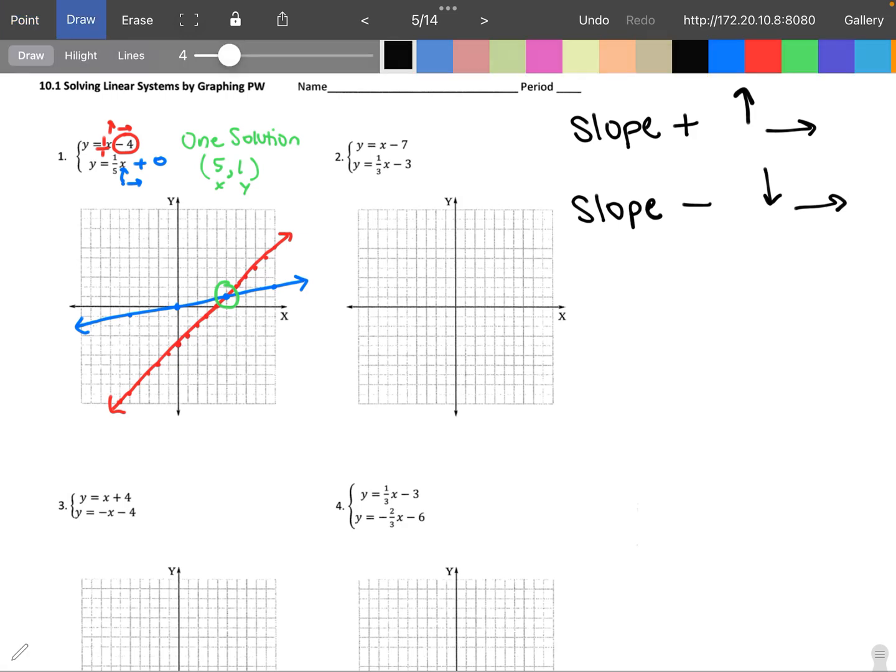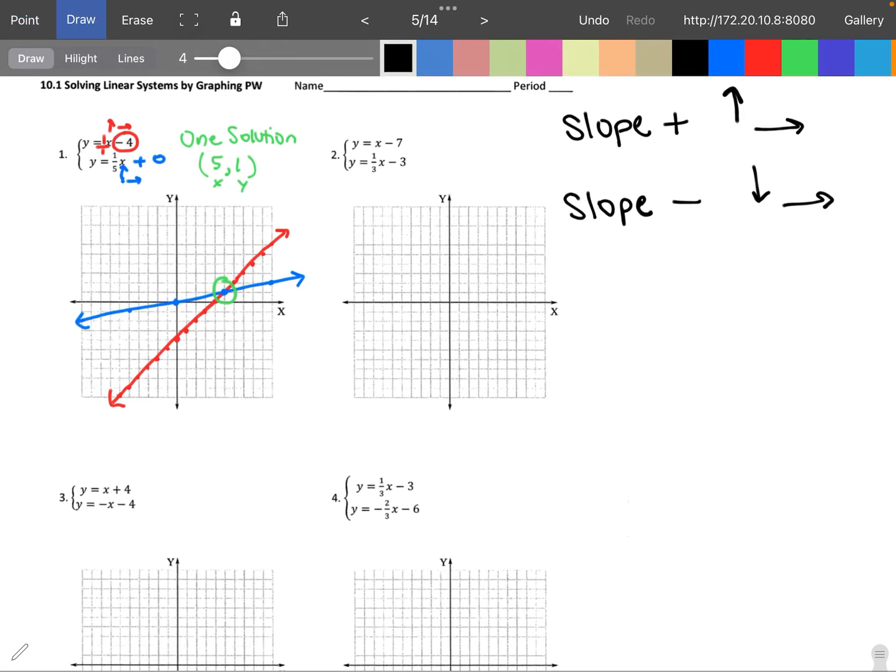Well, maybe you also put on here that when it's a positive slope and you're going up and right, that's the same thing as going down and left. Those would land on the same line. And for a negative slope, down and right is the same as going up and left.